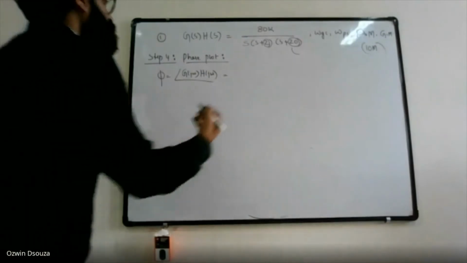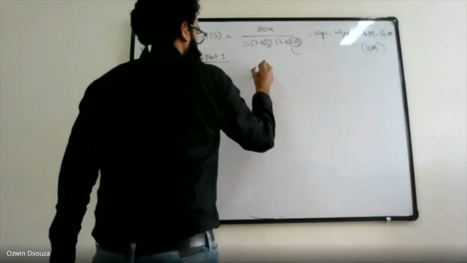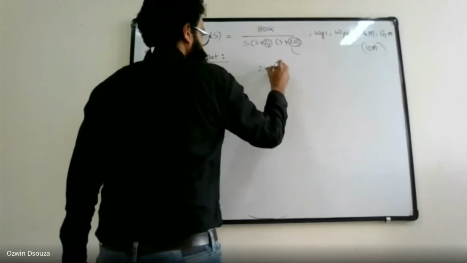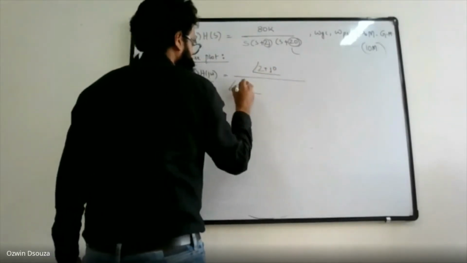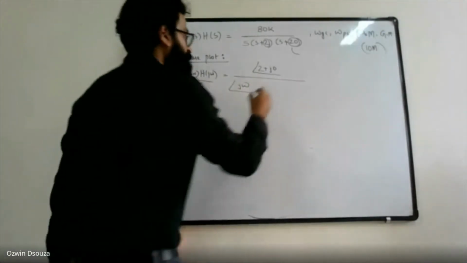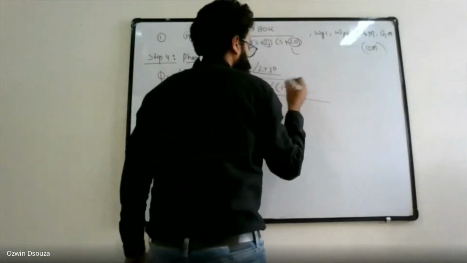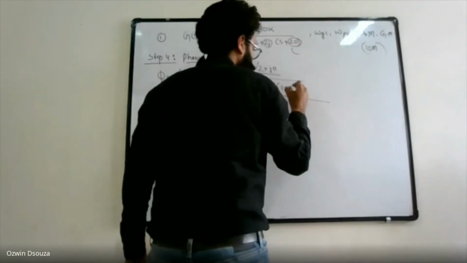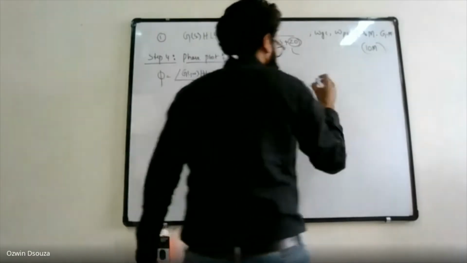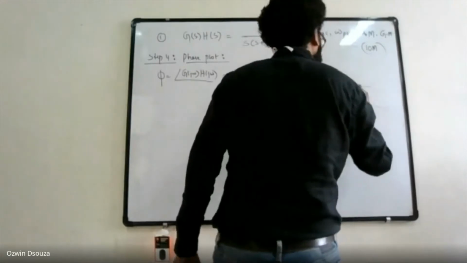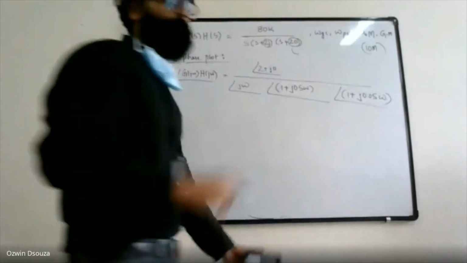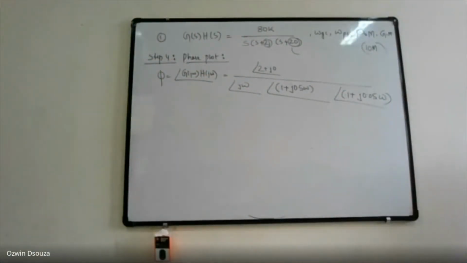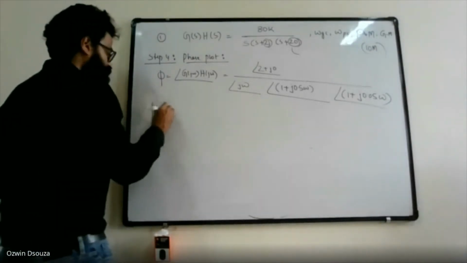So that is equal to 2 plus j0 in the numerator divided by j omega, 1 plus j 0.5 omega, 1 plus j 0.05 omega, taking the angle of each. Right. So this is your system angle. So we can put it into a nice equation basically. So phi is equal to, okay.